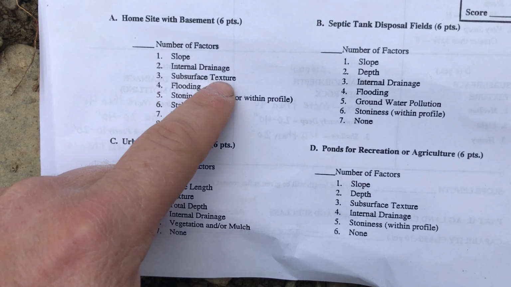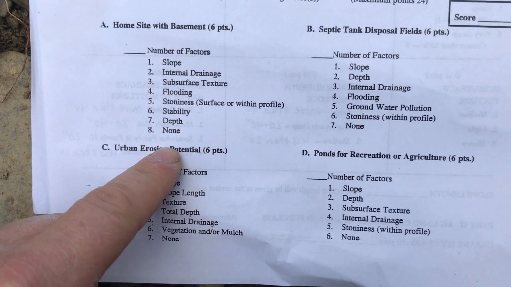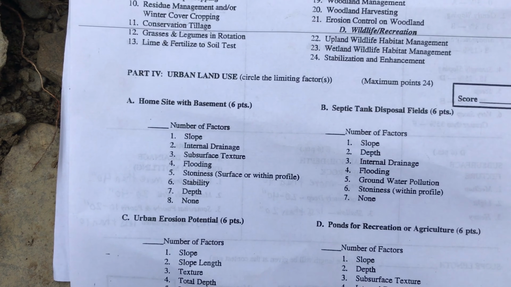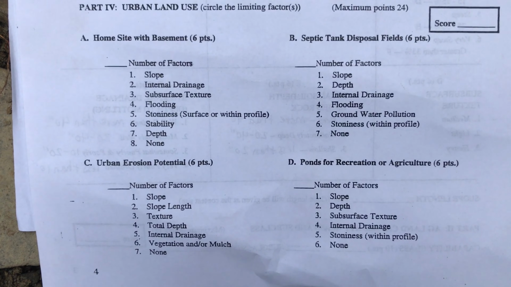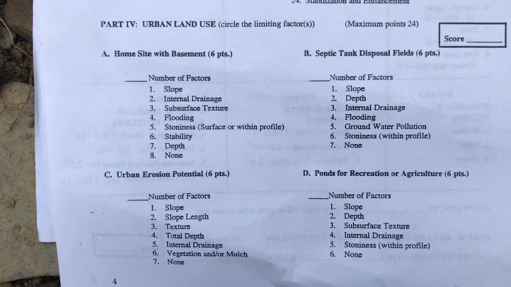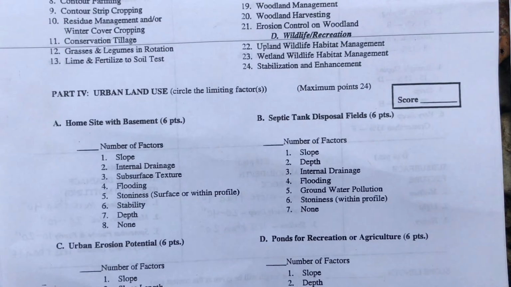What is the subsurface texture have to be to put in a home site with a basement? If you had certain mottling, or a stoniness or a slope, how would that be a limitation, or would it not be a limitation? It lists all that specifically in the learning manual that your teacher has on what to look for those features and why they're limitations or not.